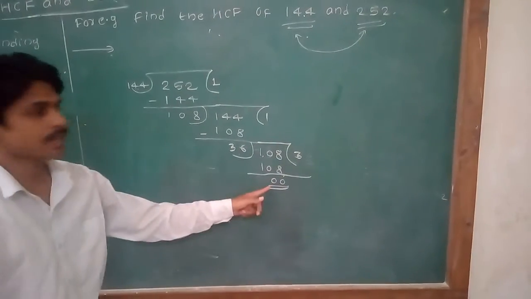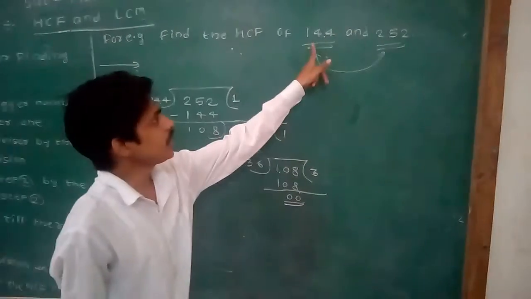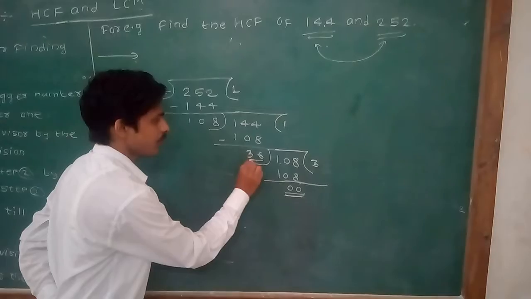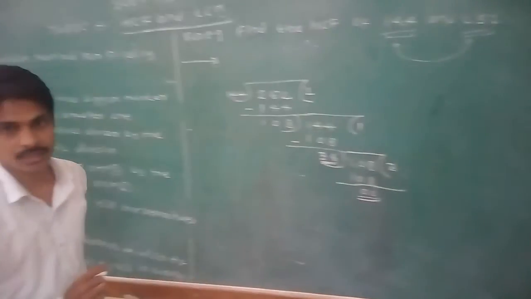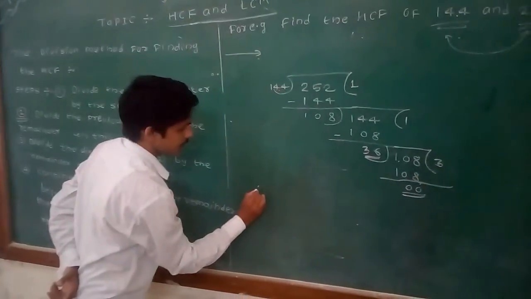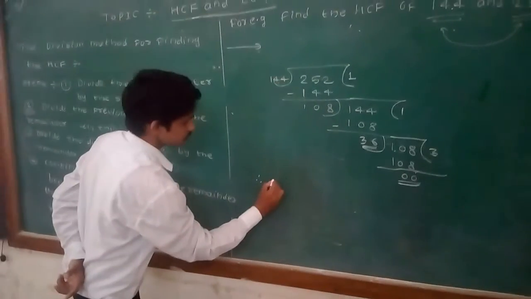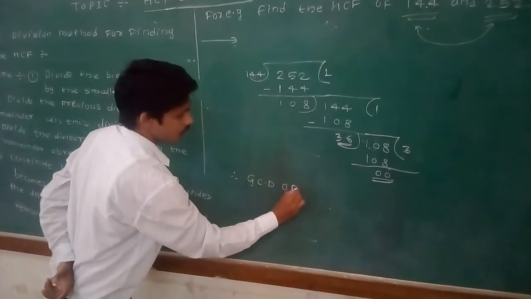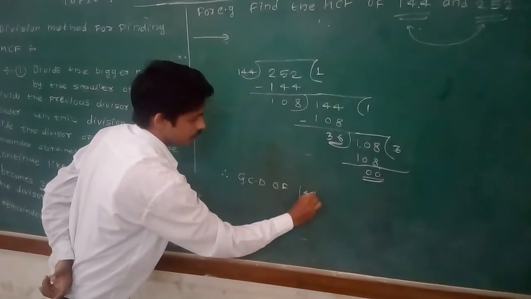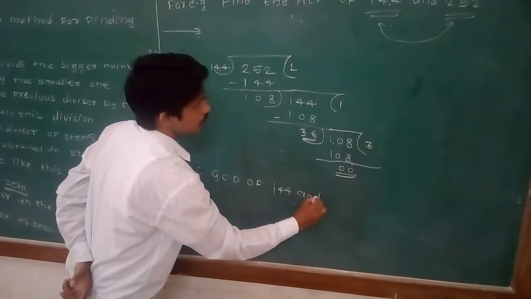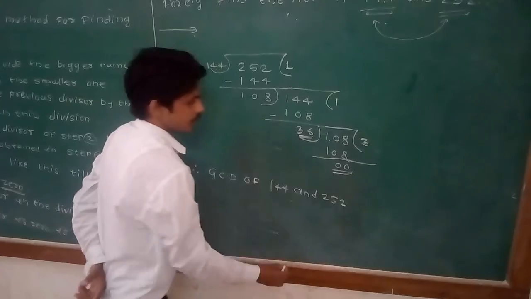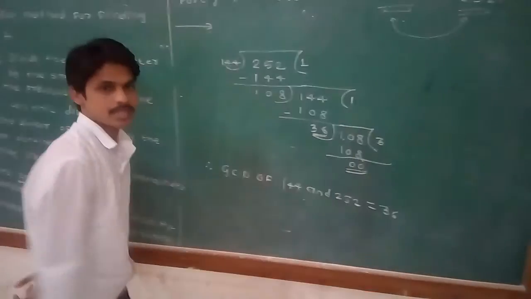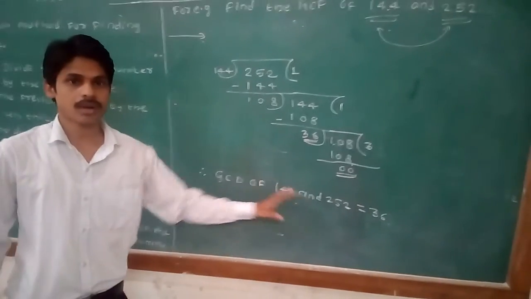Therefore, we can say that GCD of 144 and 252 is the divisor, that is 36. Therefore GCD of 144 and 252 is equal to 36, which is the GCD or HCF.